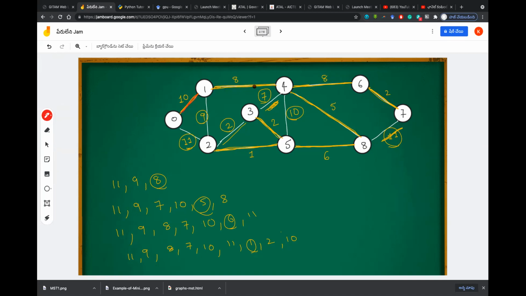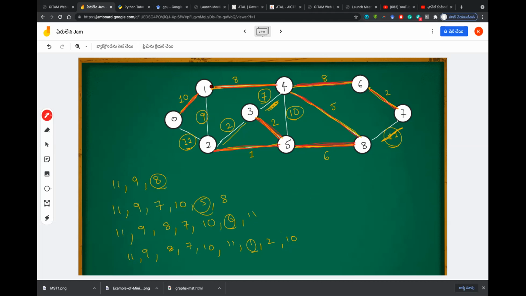So this is the one, this one, this one, this. So this is your final graph that you had. Okay, this is the minimum spanning tree.